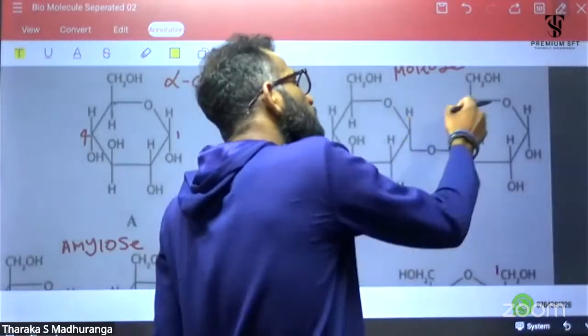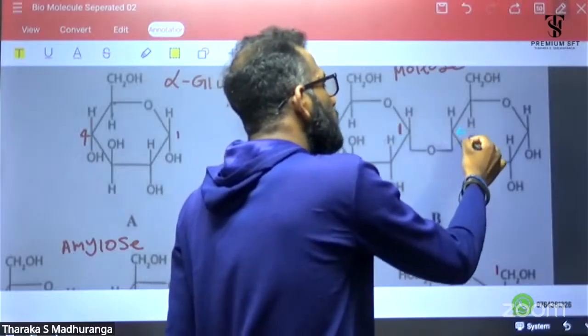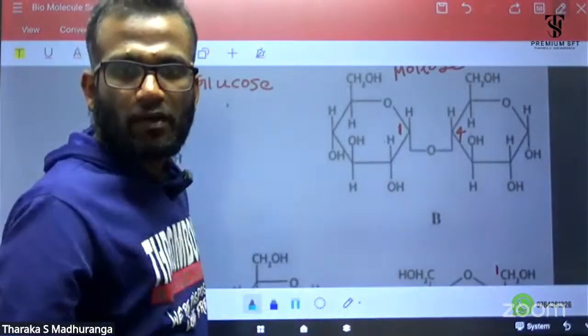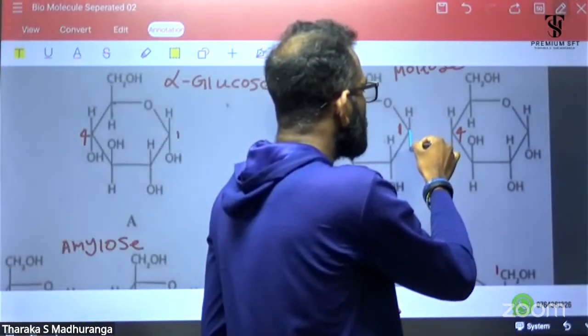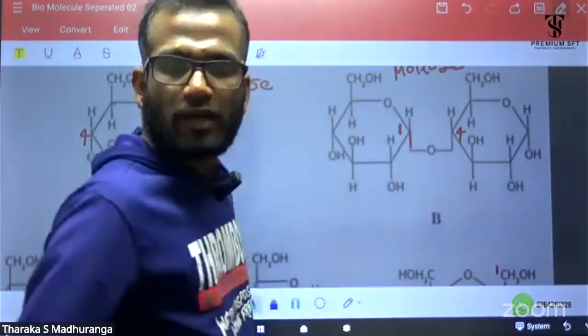This is an alpha 1,4 glycosidic bond because this is the first carbon and this is the fourth carbon. The glycosidic bond is formed between the first and fourth carbon. Both are alpha.